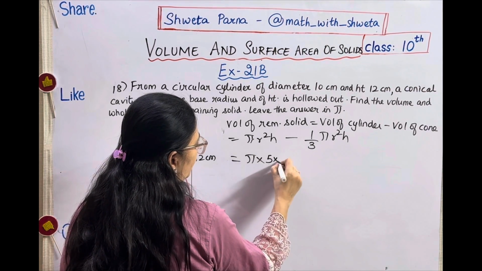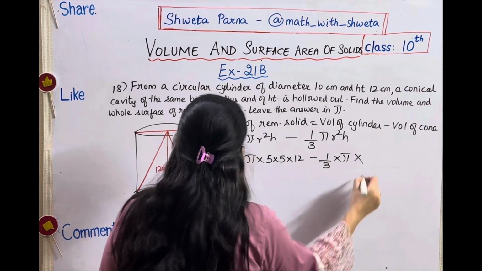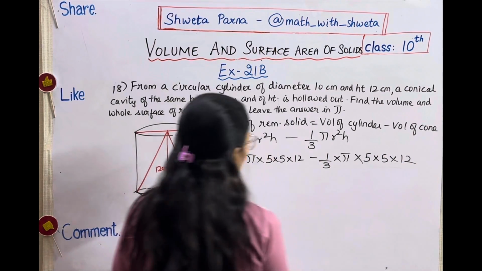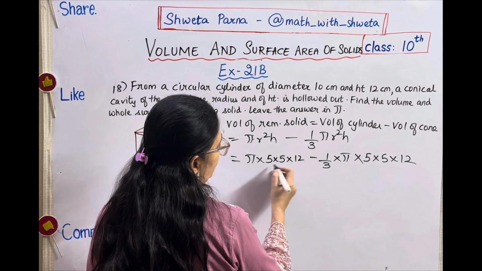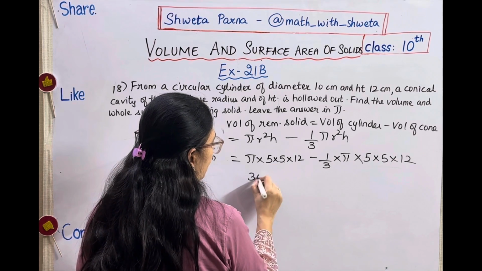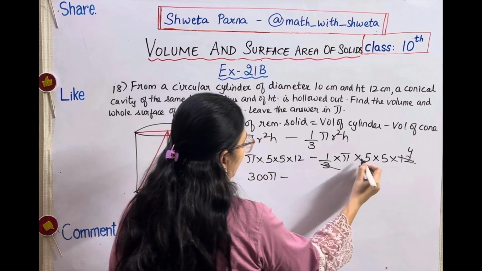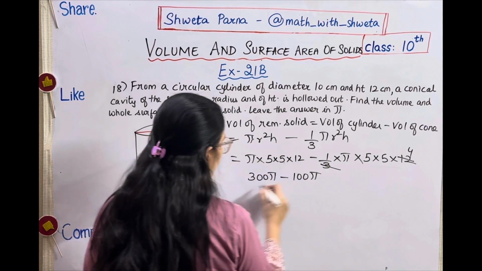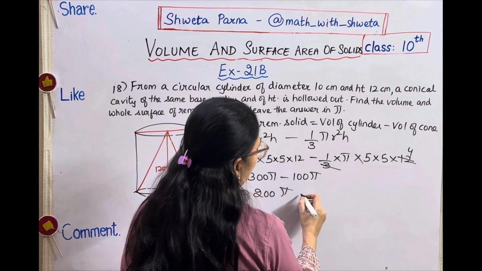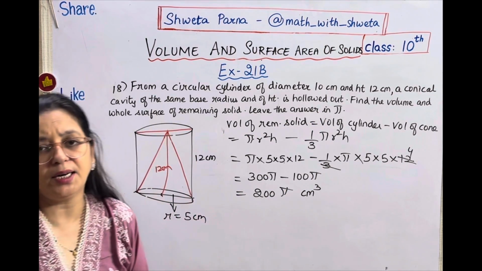Radius is 5 into 5 and height is 12, minus 1 by 3 into pi into 5 into 5 into 12. So 12 5s are 60, 60 5s are 300 pi, minus 3 4s are 12, 20 5s are 100 pi. So the answer is 200 pi. Since it is volume, it would be centimeter cube. They have asked you to leave the answer in pi, so I left the answer in pi.